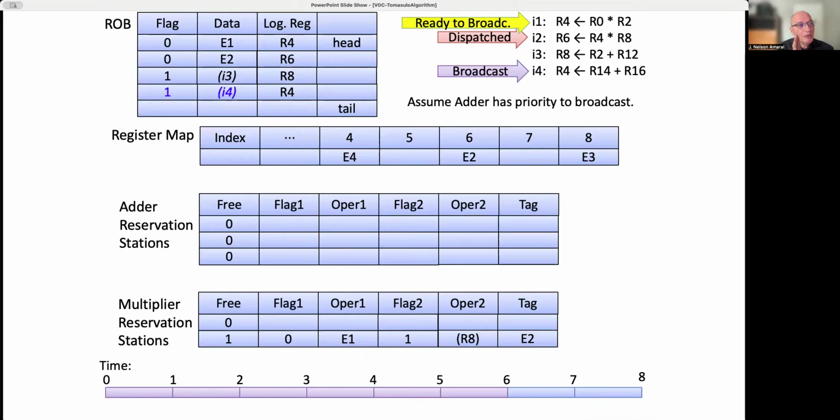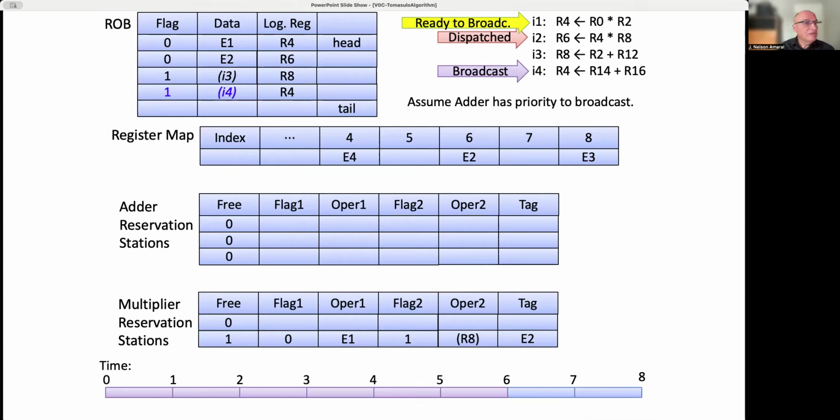So there will be no problem with overwriting R4, because the reorder buffer will ensure that the commit happens in order. So I'm not going to be writing to the register R4 at all at this moment. I just put the value in the common data bus, indicating that that value goes to the entry E4 of the reorder buffer.